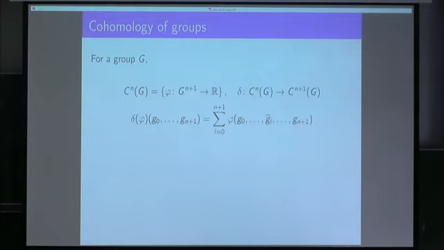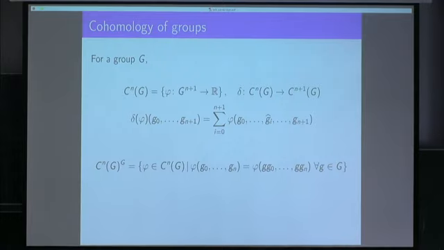So for a group G, we have the usual homogeneous resolution of R, which is just given by functions from G to the n plus 1 to R, with the usual differential on cochains. And we take invariant cochains.